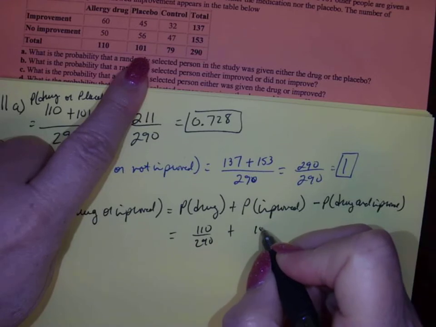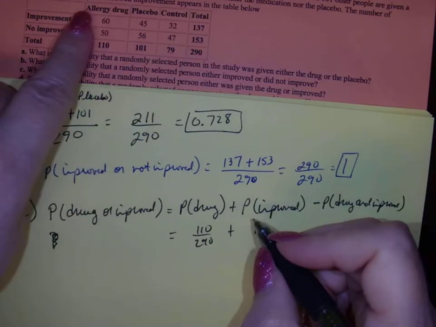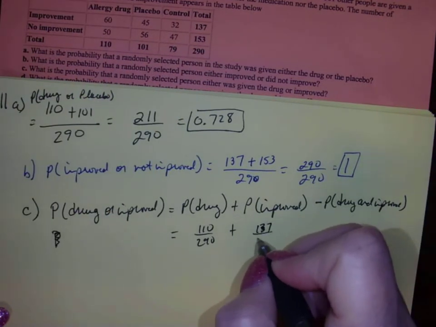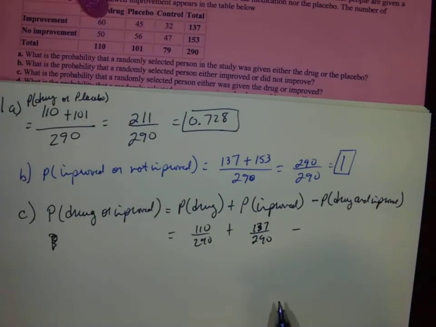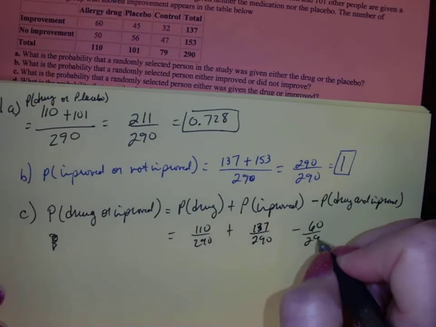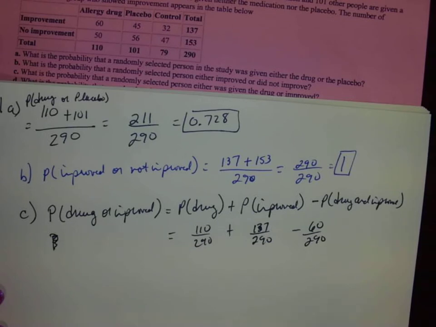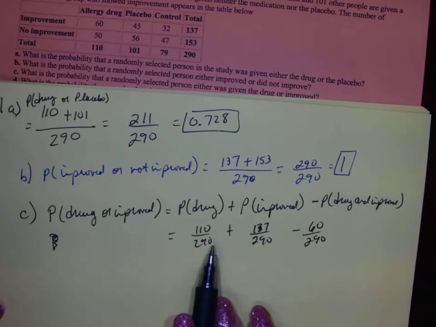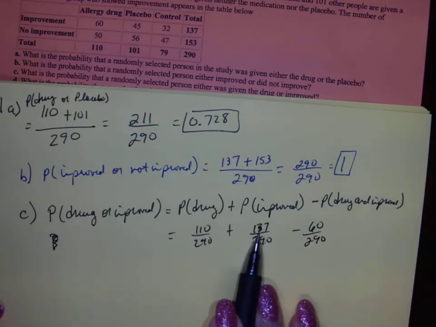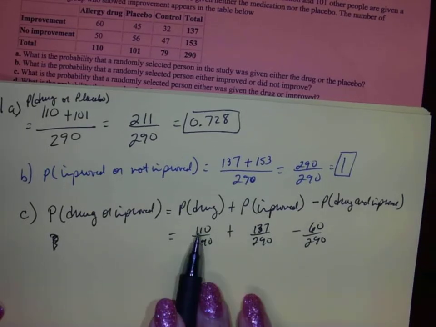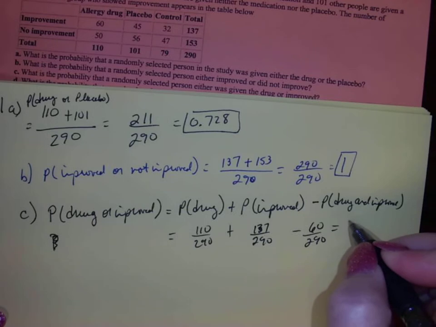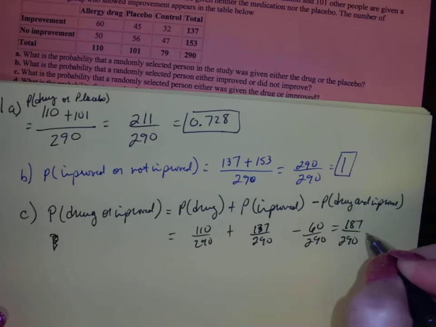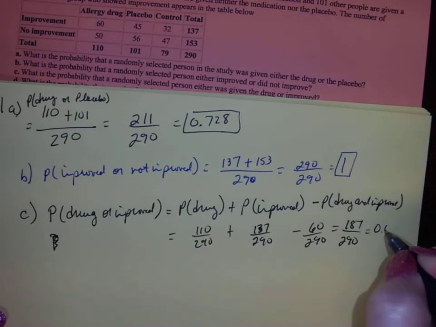Improved was 137, going this way, 137 out of 290. But where they overlapped would be 60 over 290. Well, if we work it this way, on the top we have 110 plus 137 minus 60. So that would get us 247 minus 60 will get us 187 over 290, which gets us 0.645.